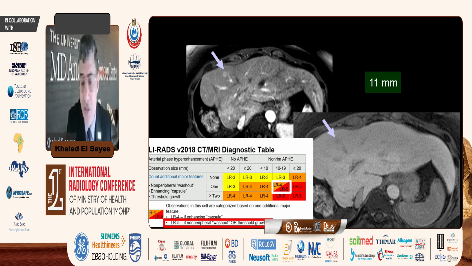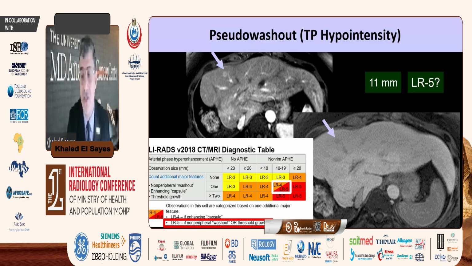So this is the transitional phase, which is later than the portovenous phase. You can't use this. This actually was a hemangioma, and this is very well known as pseudo washout or transitional phase hypointensity. That is miscategorizing this observation, because you can't use a phase later than the portal vein.